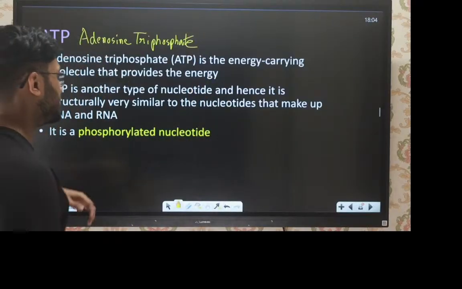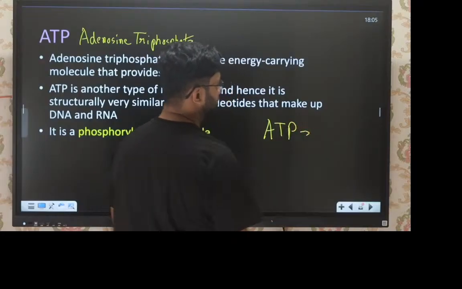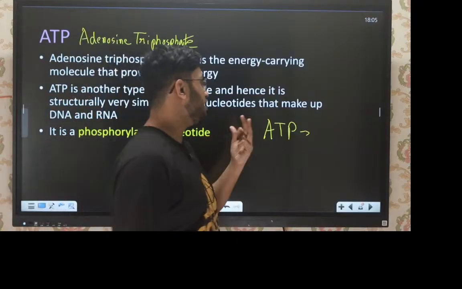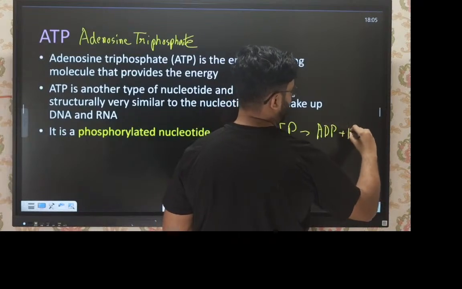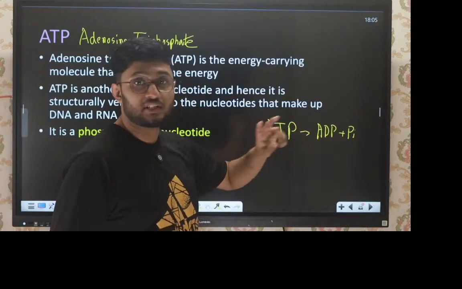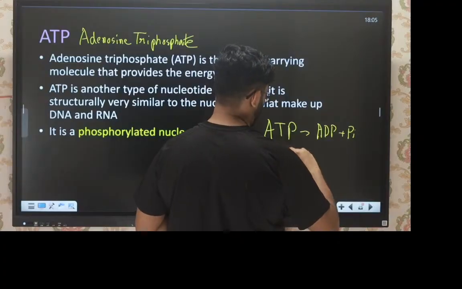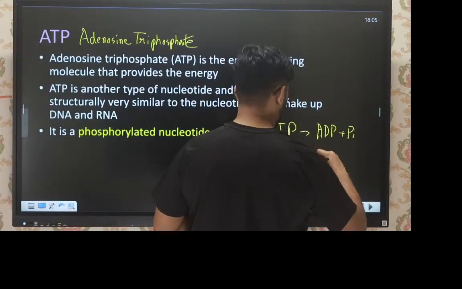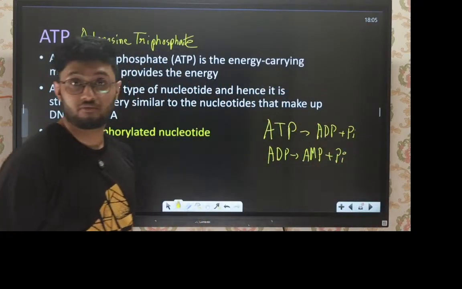So you have an ATP molecule. What happens if I remove a single phosphate? Triphosphate means it has 3 phosphates. If I remove one phosphate, it forms ADP. Adenosine diphosphate, di means 2 phosphates. If I take another phosphate away from it, it turns into AMP, adenosine monophosphate, plus phosphate.